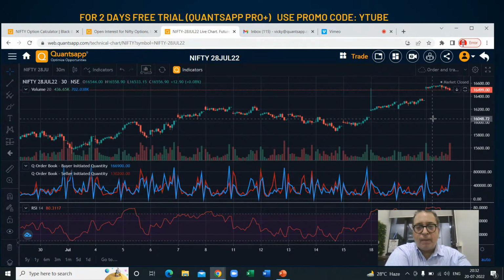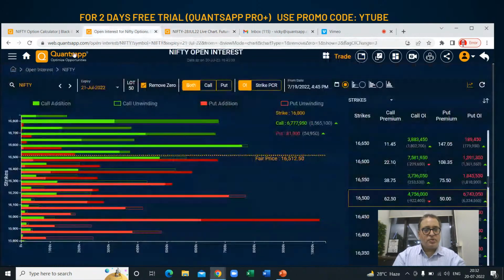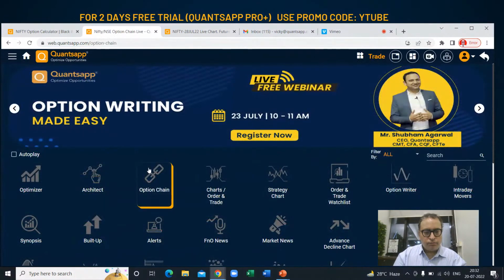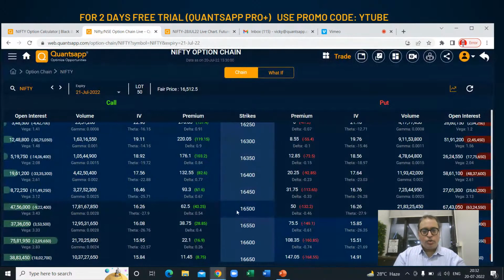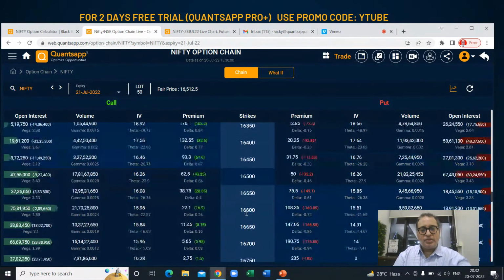Say, for example, you get a combined premium of 100, which we can see by going to the option chain. I'll just move to the option chain for a second. Looking at the option data, depending on the closing prices, you can see 50 and 50, so thereabouts of 100 rupees is the straddle combined premium.